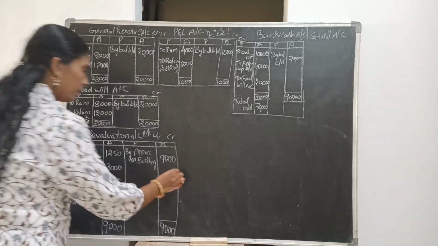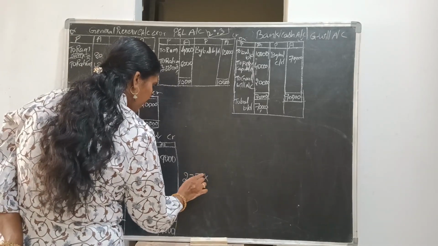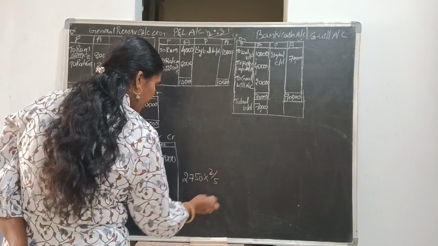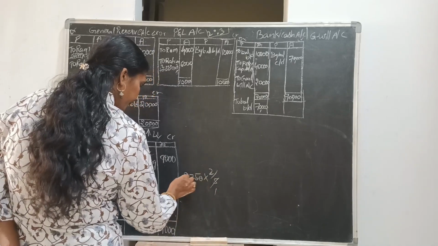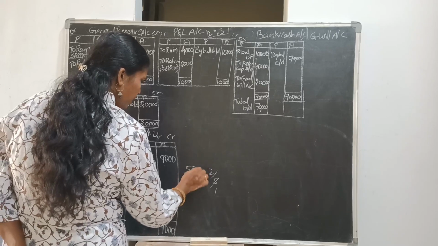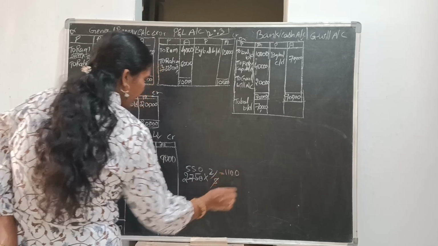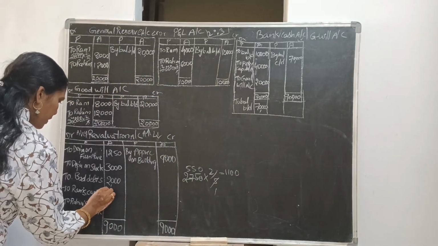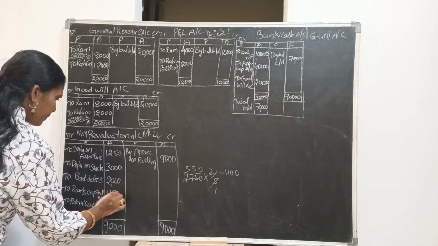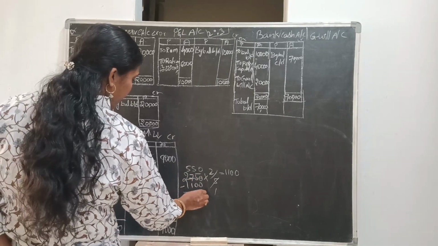Now distribute this 2,750 among old partners in the old ratio 2 by 5. 5 ones are 5, 5 5s are 25, 5 5s are 250, 550. 2s are 1100. 1100 is Ram's profit. 2,750 minus 1100.